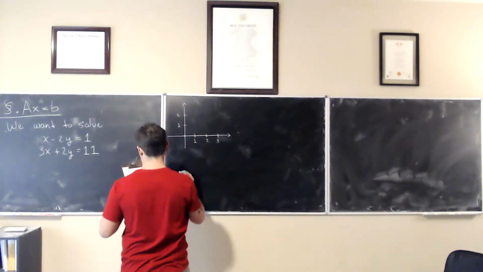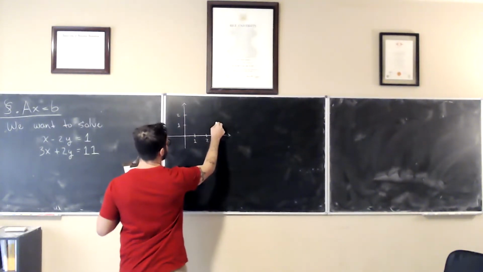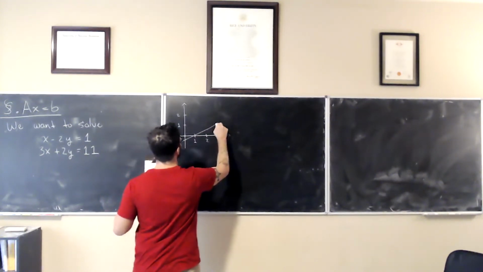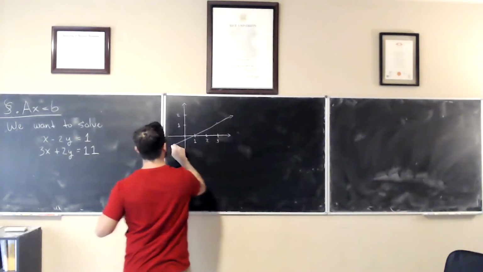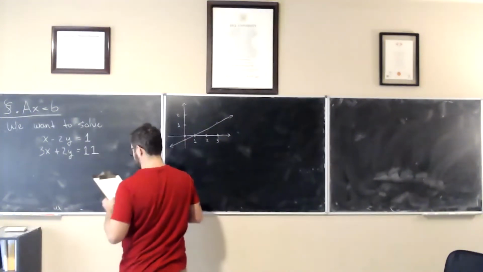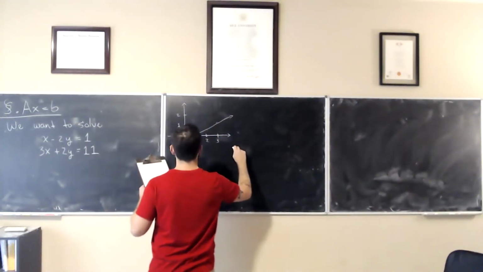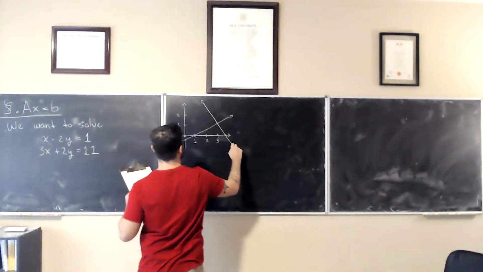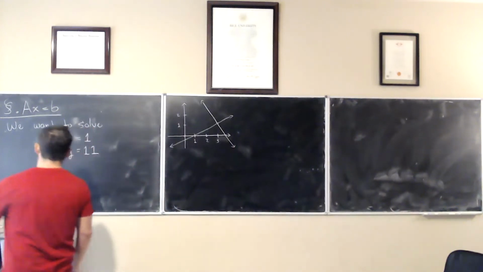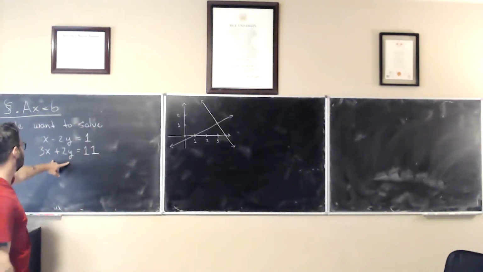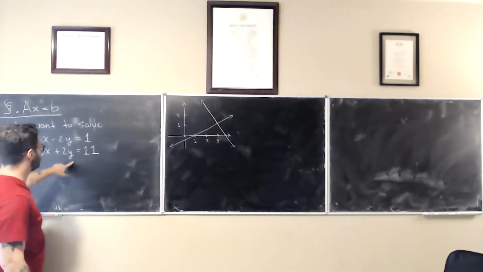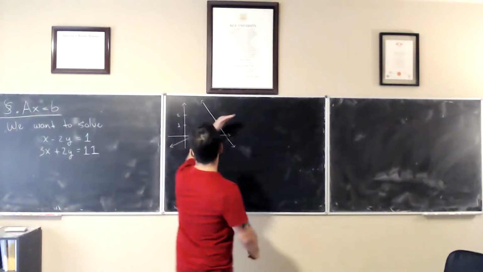So let's see. And then, if you were to plot y as a function of x for each of these, this line would be here, I'm pretty sure.